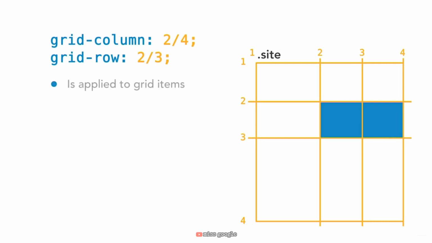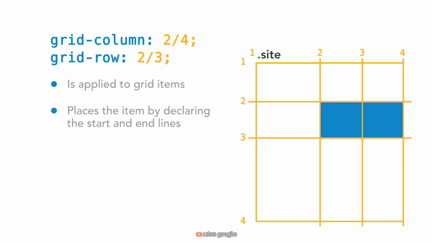Grid column and grid row each take values corresponding with the lines on the grid. So if you want to place an item between column lines 2 and 4, you just declare grid column 2/4. And if you want to place an item between row lines 2 and 3, you just declare grid row 2/3.